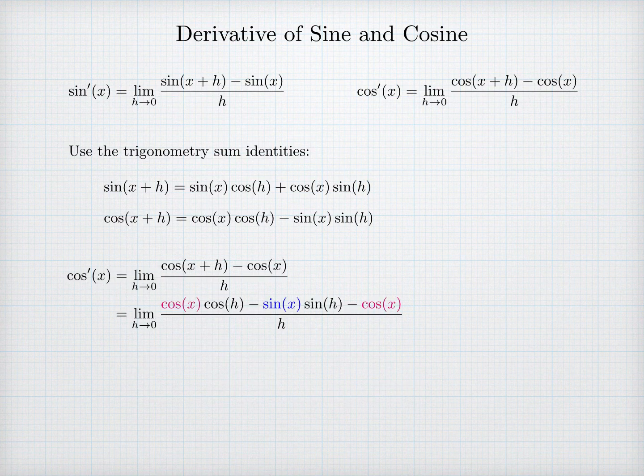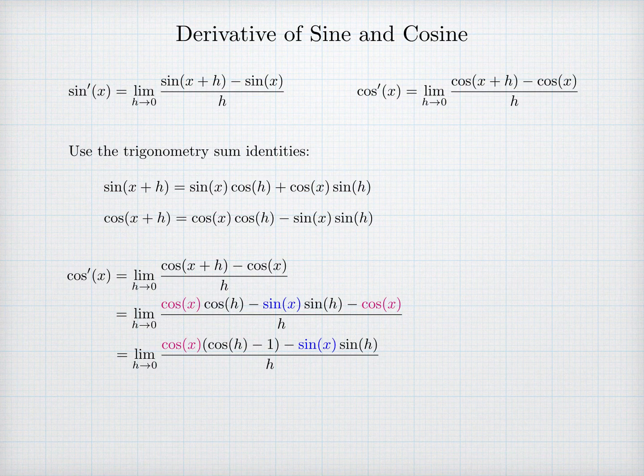When I calculate the cosine's derivative, I substitute the sum identity for the cosine, giving cosine x cosine h minus sine x times sine h in place of cosine of x plus h. Again, I've highlighted the cosine of x in magenta and the sine of x in blue, so that if I group the terms that have cosine x together, I get cosine x factored out times cosine h minus 1, and then minus sine of x times sine of h all over h.